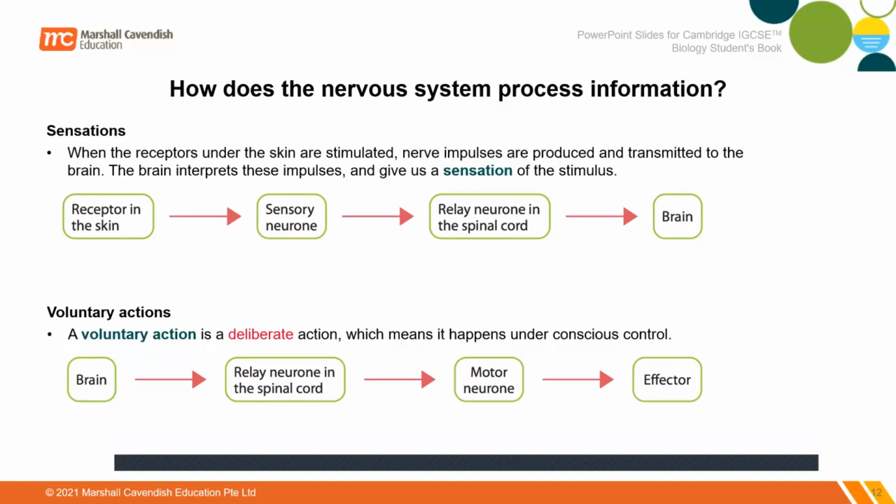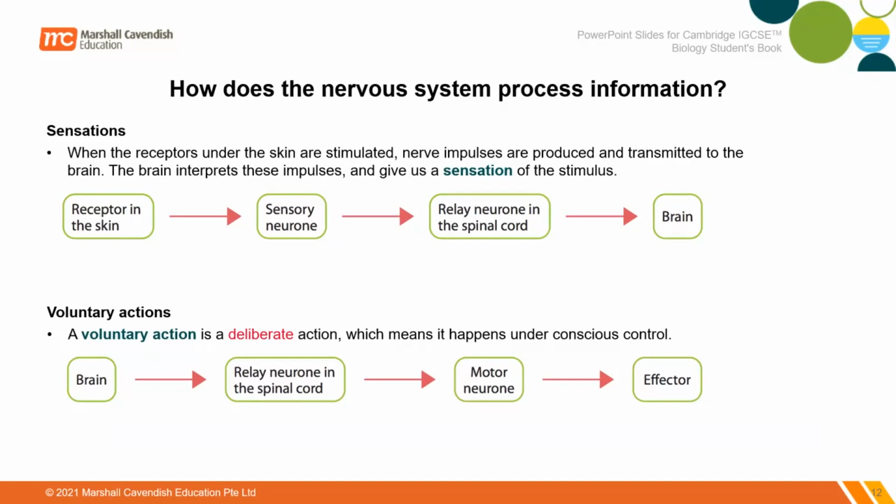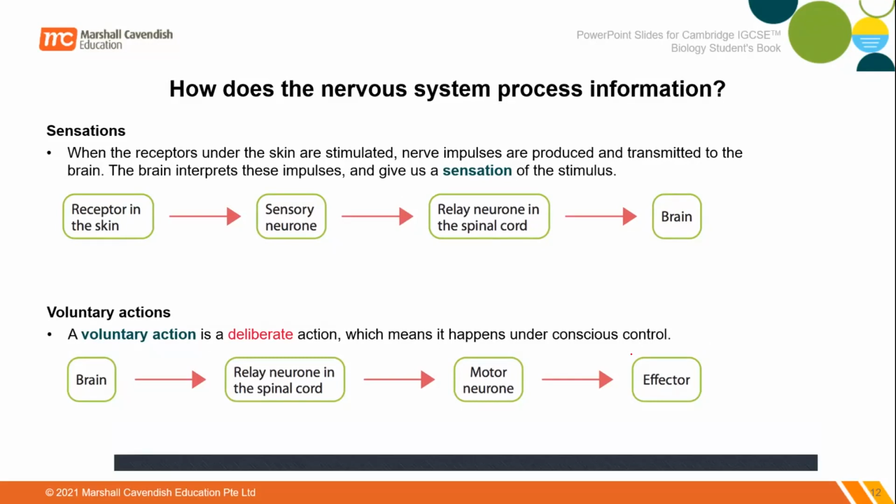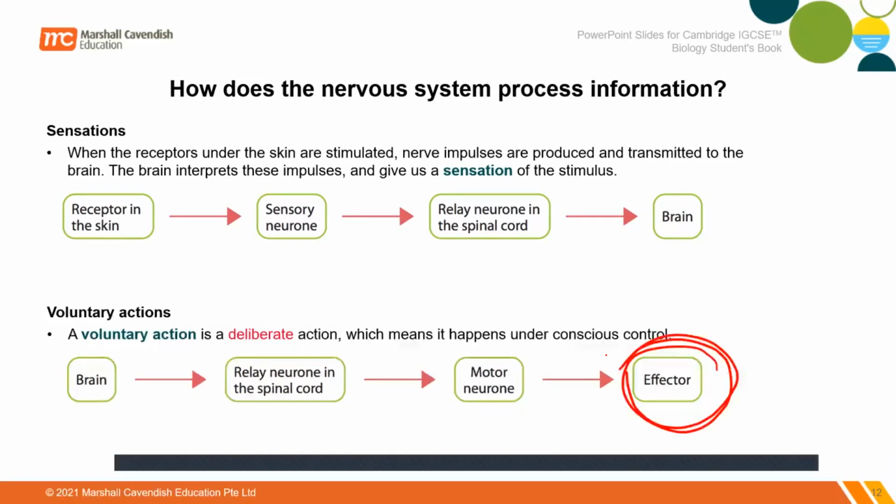After that, the second part is that the brain, by the relay neuron, coordinates and sends the message through the motor neuron to the effector. It is very important, Abdurrahman, that I implement the word effector in my answer.